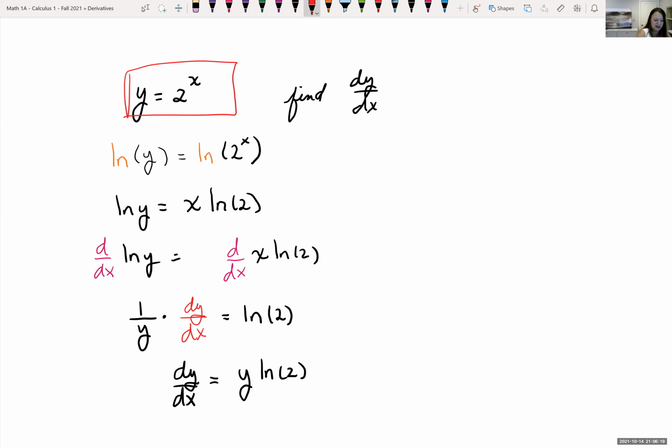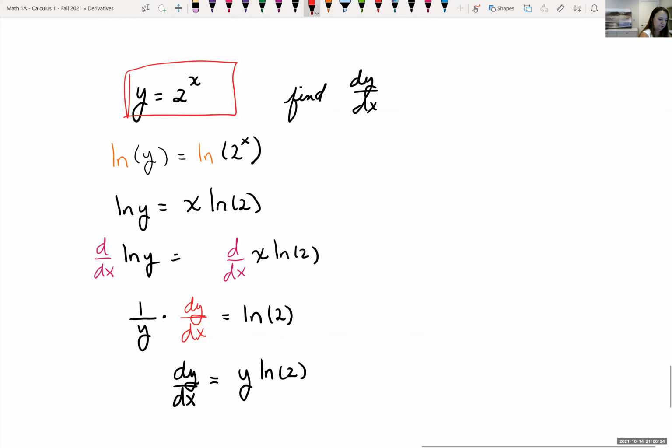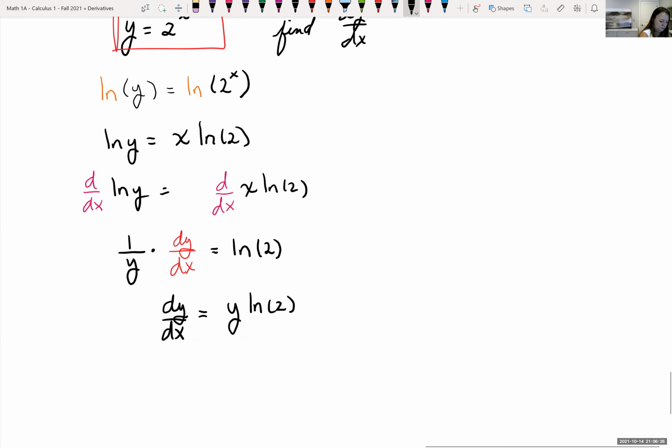But y is 2 to the x. And so dy dx equals 2 raised to the x power natural log of 2.